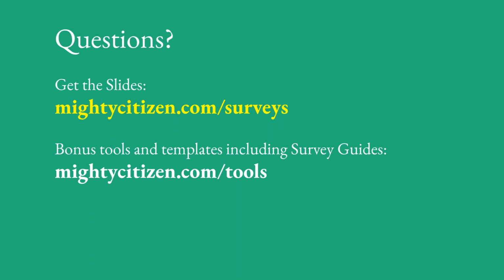Y'all don't ask me to do math. But make sure you have at least 100 people responding to your survey to be able to feel pretty confident in it. And that's a 10% response rate on 1,000 people. There we go, there's the math. Or a 5% response rate on 2,000 people. So you've got to have enough people to initially survey. And again, an incentive is going to help you reach those numbers just a bit.